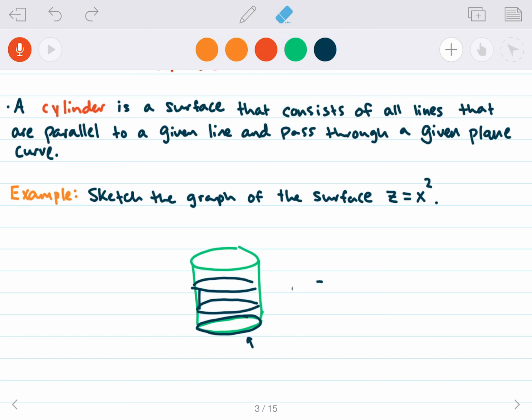Now, we could also have a cylinder that looks something like this. So we could have maybe a half cylinder that looks like that. What I'm trying to get at is that in the regular cylinder we're used to, we're projecting a circle upwards, but we could really project any shape that we wanted.